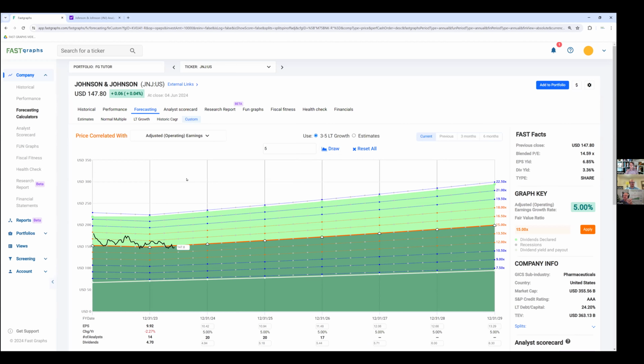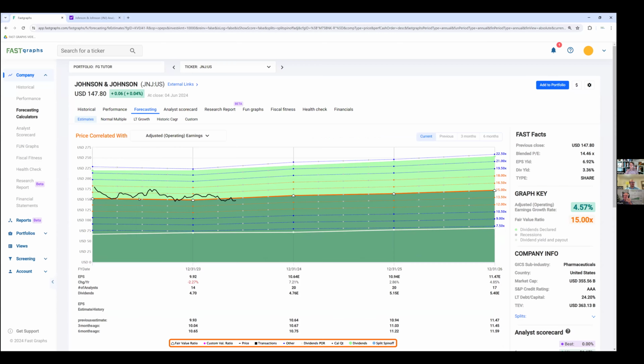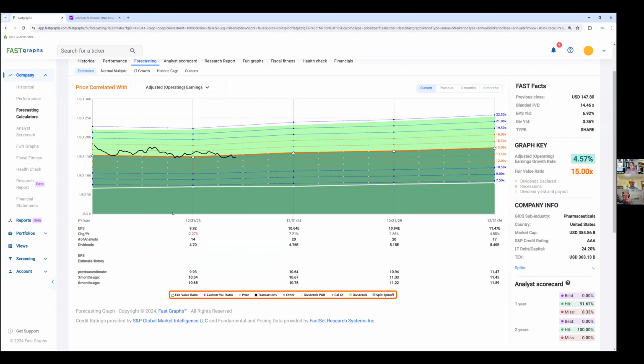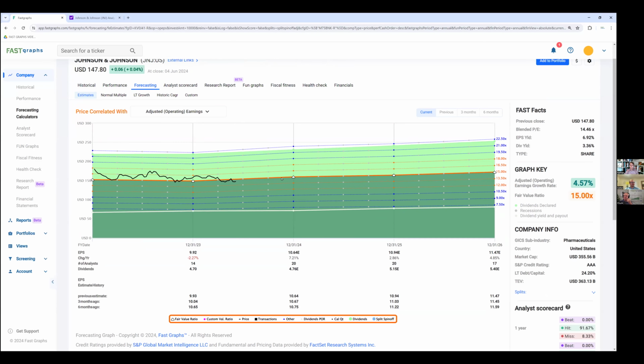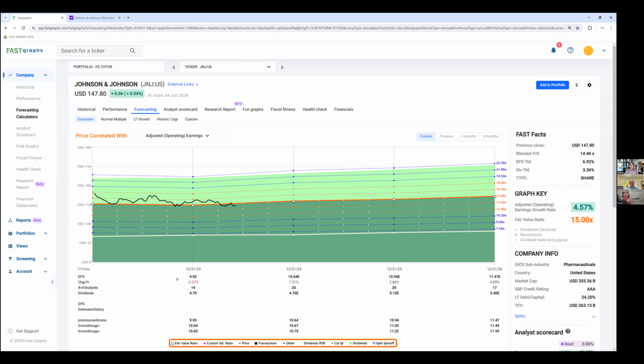I can apply my own growth rates. And by the way, by clicking one of these boxes, I can combine the near-term estimates, which come from these two tabs, with the long-term estimate and get maybe a better picture. The closer you are when you're dealing with estimates, one of my arguments would be, the more likely you are to be correct. I trust this number, in other words, more than I do this number. But again, this is just an idea.